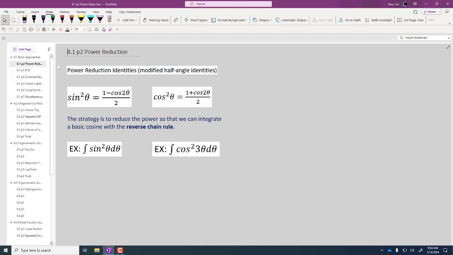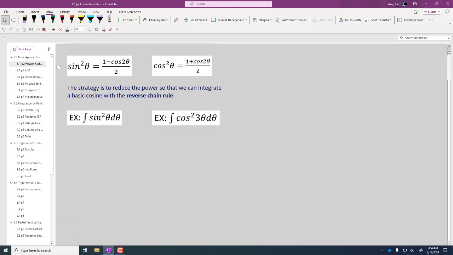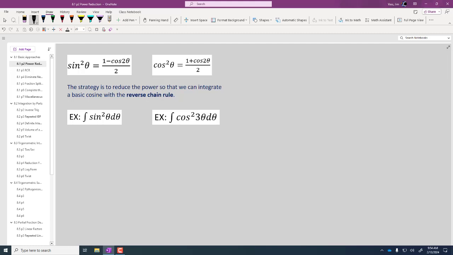So this is just kind of a review of some different integration techniques that we're going to learn. We've talked about this already. If we're integrating sine squared, anytime you have a sine squared or a cosine squared, not for the other trig functions squared, only sine squared and cosine squared, you have to reduce the power.